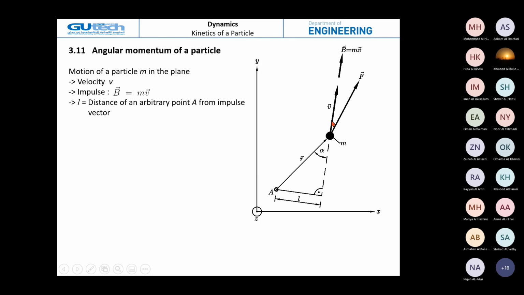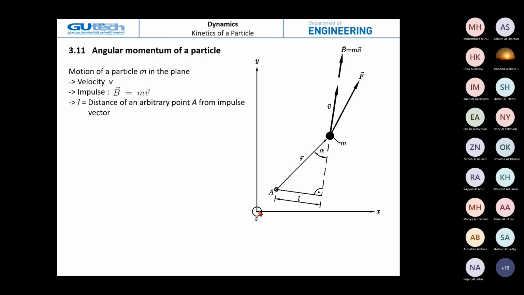Okay, now if we take an arbitrary point A, we have the direction of the force F, we have the direction of the velocity v, and of course, if we look at the impulse b, which is only the mass multiplied by the velocity, it's clear that as the mass is constant, a scalar, not a vector, b will be in the same direction as the velocity.